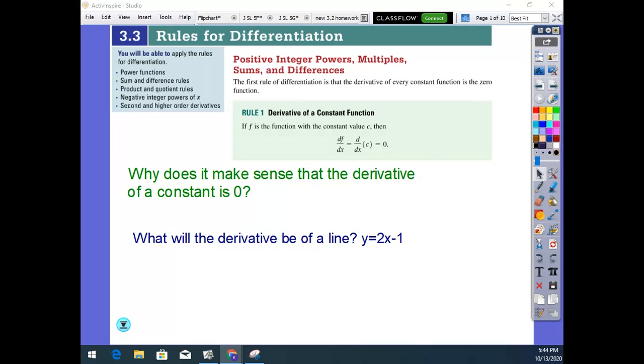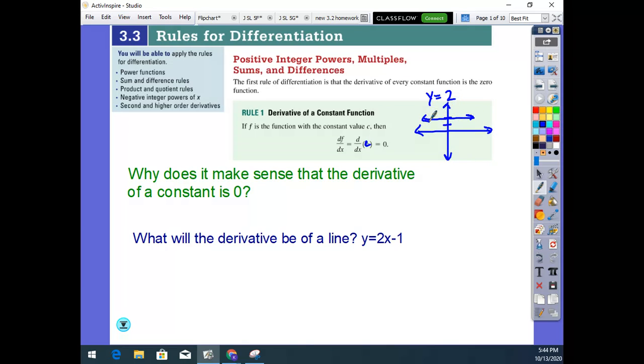The first one is finding the derivative of a constant. So let's just think about an equation that's a constant. So y equals 2. Then if I graph this equation, it's just a horizontal line. Now, this says the derivative of a constant equals 0. Why is that?